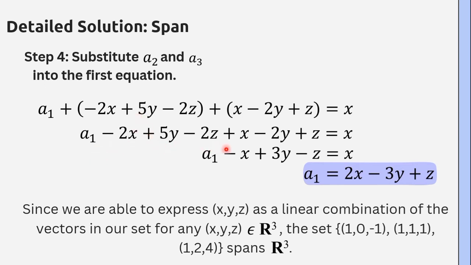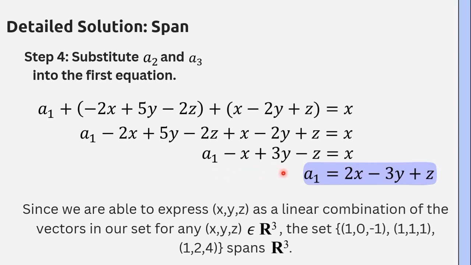By combining similar terms, we arrive at this answer: a sub 1 minus x plus 3y minus z, which is equal to x. Since we are just looking for the value of a sub 1, we just need to transpose the values x, 3y, and z to the other side of the equation, since that's the easiest way.